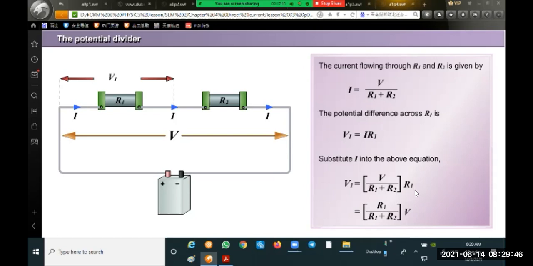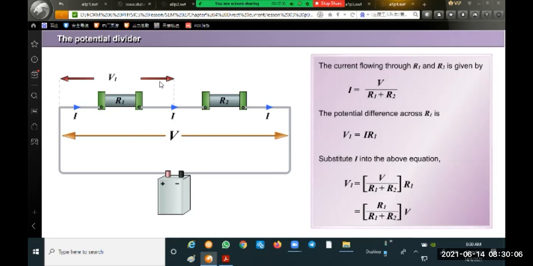This formula is actually used to find the ratio. This means V1 is equal to R1 over R1 plus R2 times V.